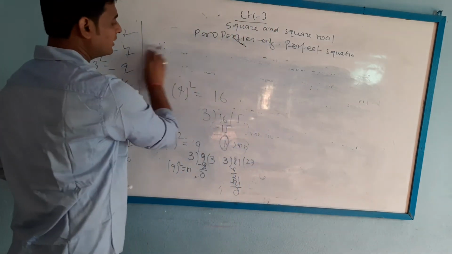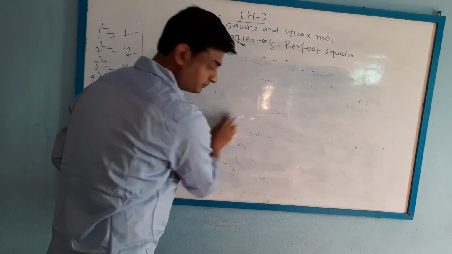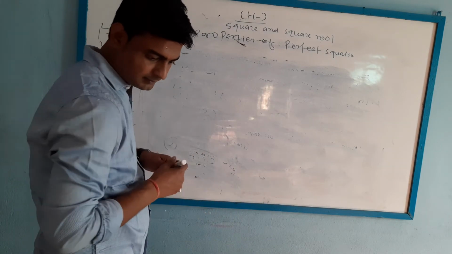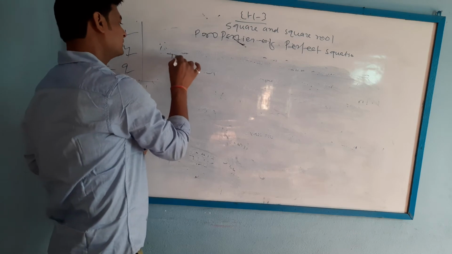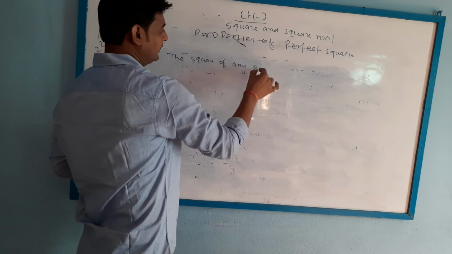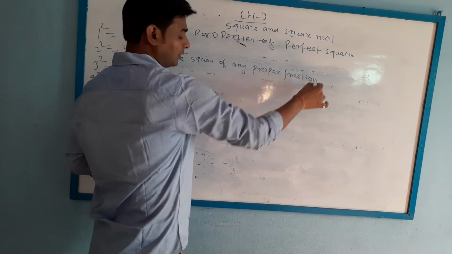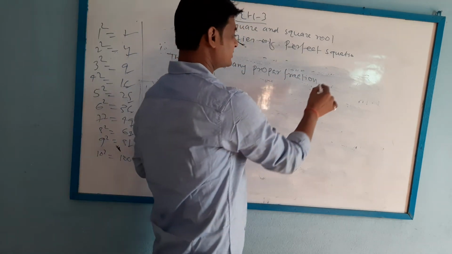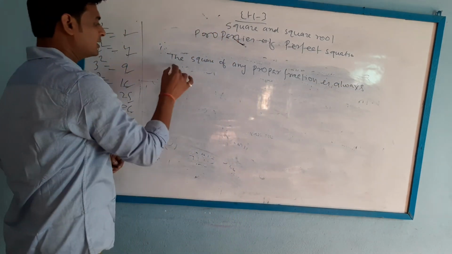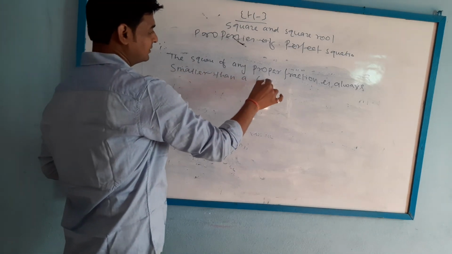Next property is very important. The square of any proper fraction is always smaller than the given fraction.